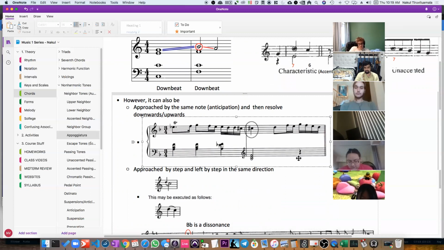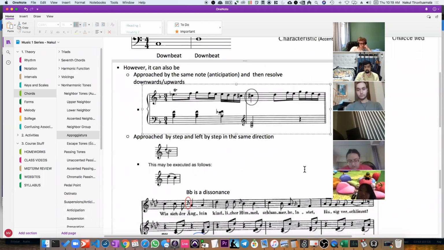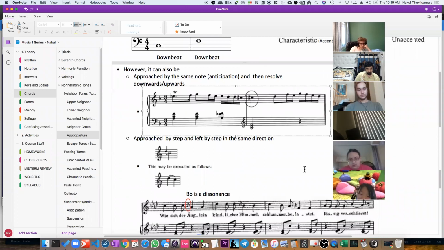According to the homework, this is an appoggiatura. In fact, this is directly from your homework. So I guess you got one of the answers correct if you were paying attention. But I would argue that this could also be an accented passing tone, which is something that we haven't actually talked about yet, but should hopefully make sense. I don't want to stub my toe too much. I guess I'll show you what this sounds like.